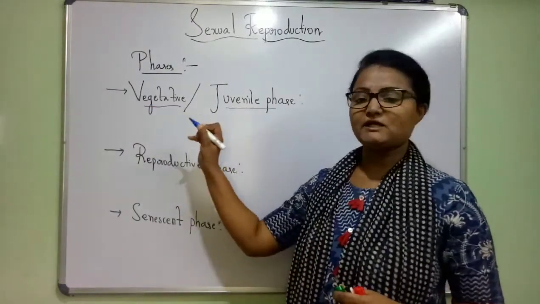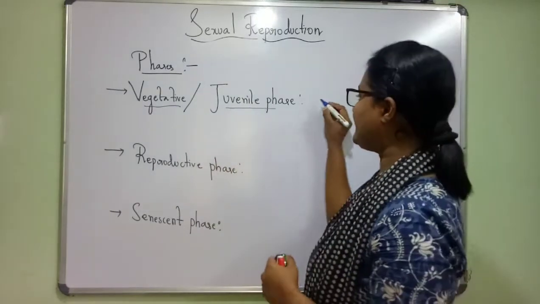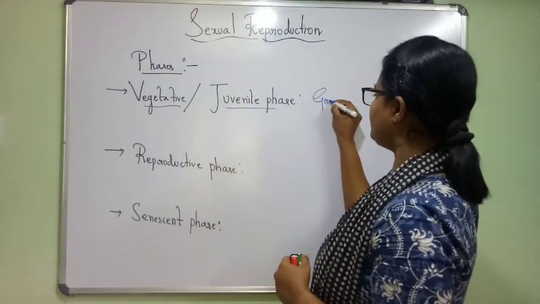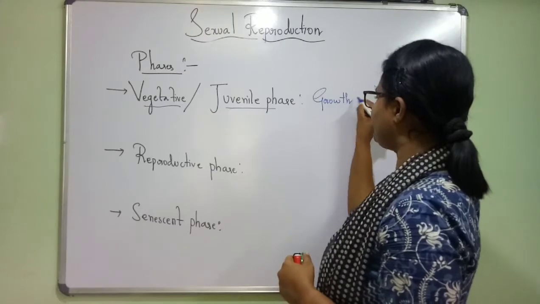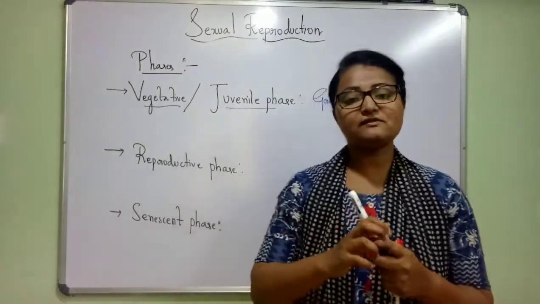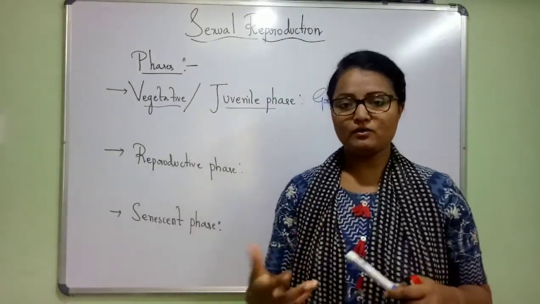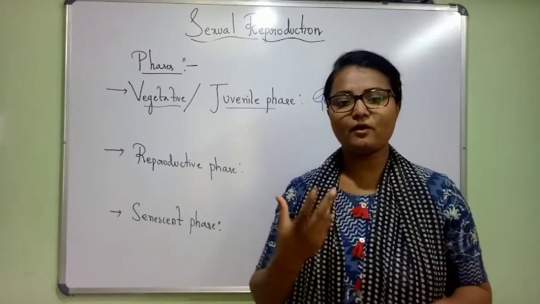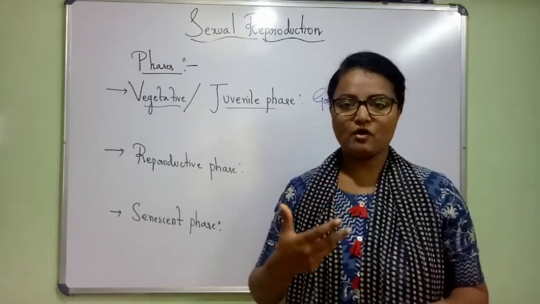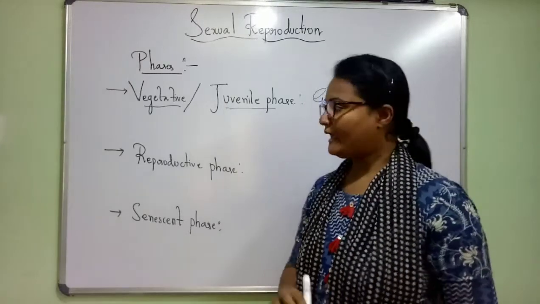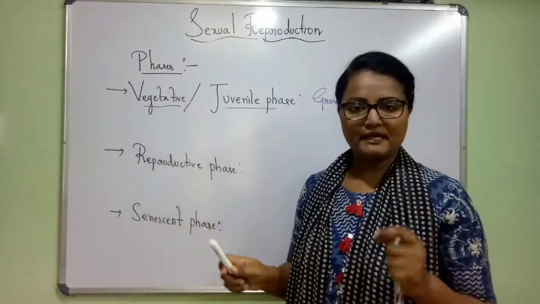This vegetative or juvenile phase indicates growth of an individual. What happens during this phase? There is growth. The animals or plants will grow and undergo some sort of development. Vegetative is related to plants.